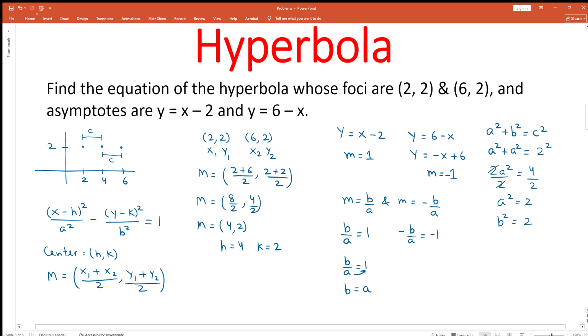Now we can use the values of h, k, a squared and b squared to write the equation. I get (x minus 4) squared over 2 minus (y minus 2) squared over 2 equals 1. This is the equation of the hyperbola in standard form.